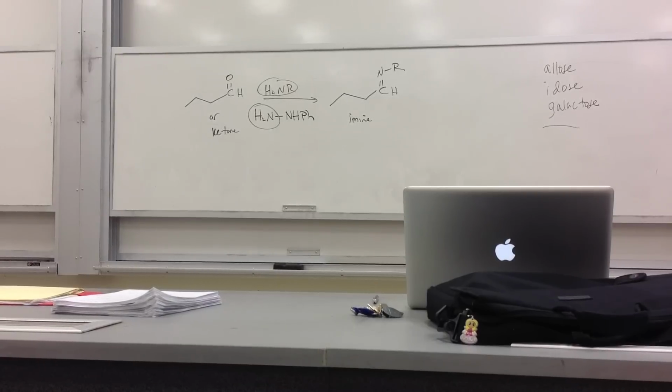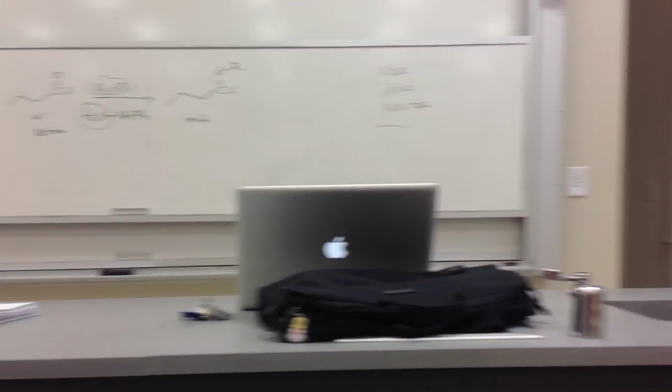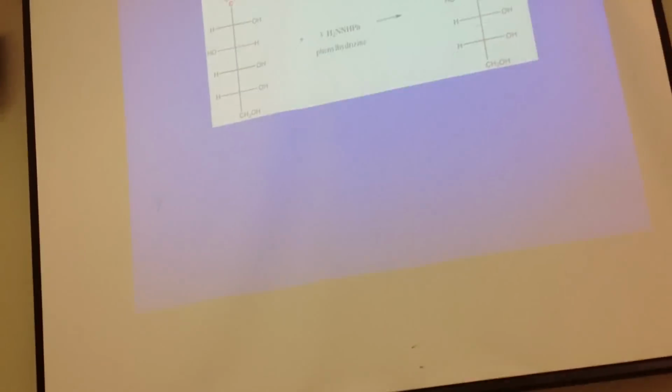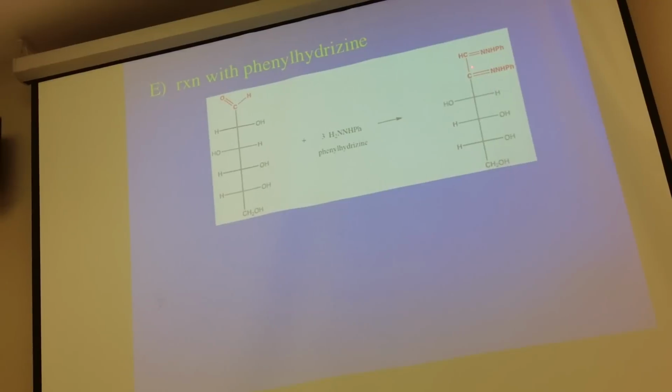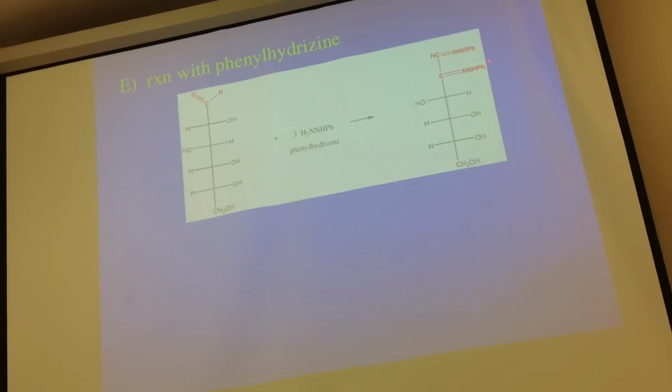So when you treat a sugar with phenylhydrazine and you treat it with an excess, so this shows 3 equivalents, it has to be an excess, something weird happens. The predictable thing does occur, and that's where your aldehyde turns into an imine. That's predictable. But what also happens is the one below the aldehyde also turns into an imine.